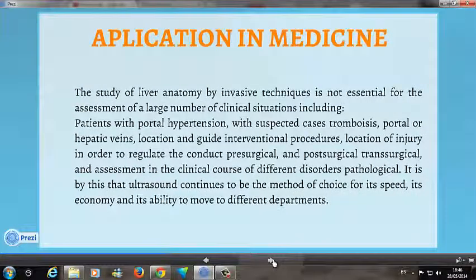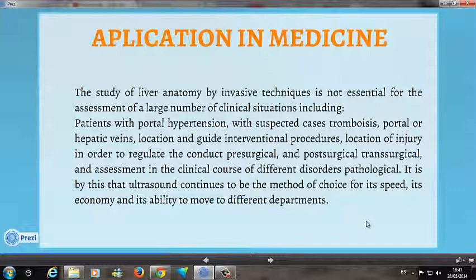The study of liver anatomy by invasive techniques is not essential for the assessment of a large number of clinical situations, including patients with portal hypertension, with suspected thrombosis of the portal or hepatic veins.